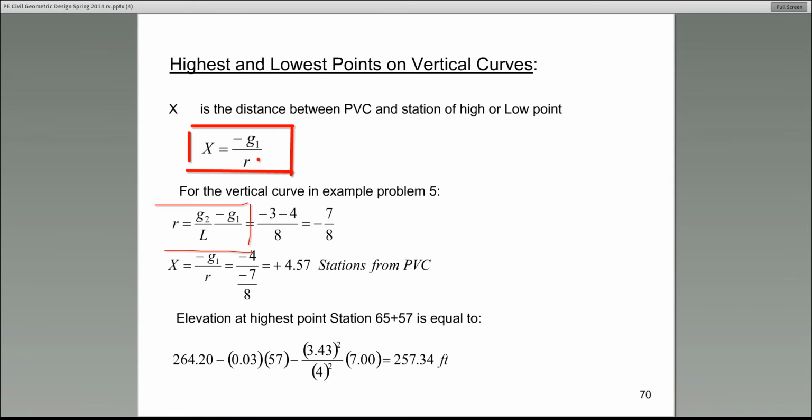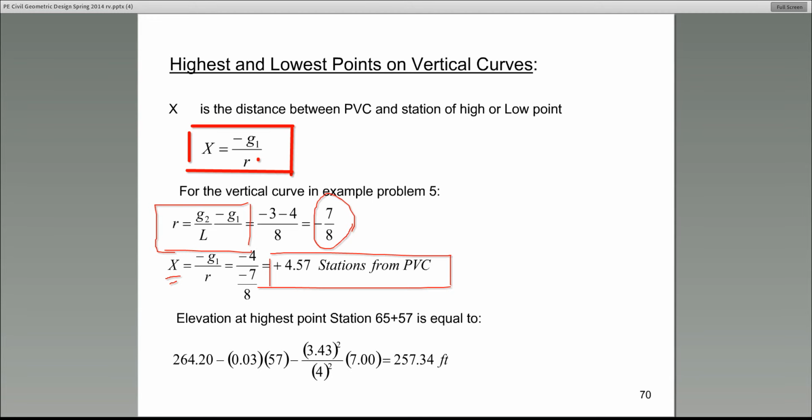All right? So if you're asked to find the low point or the high point, use this equation, calculate R. In this case, R comes out to be minus 7 over 8. Substitute R, and X comes out to be plus 4.57 in terms of stations.